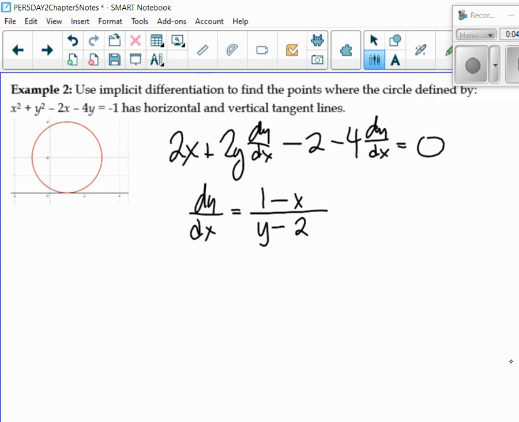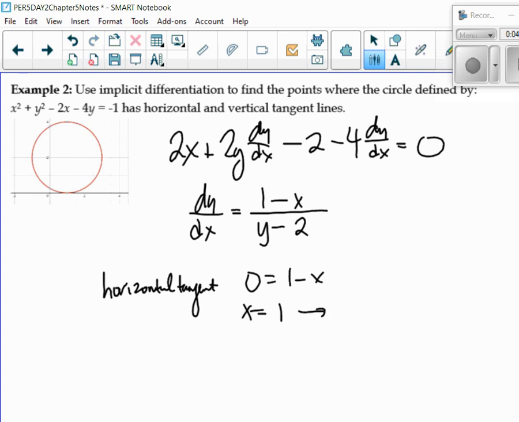Okay. So where is the horizontal tangent? Yeah. So 0 equals 1 minus x, so x equals 1. It's saying to find the points. So now that I know it's located at x equals 1, how would I find the coordinate? Plug it in, that's right.